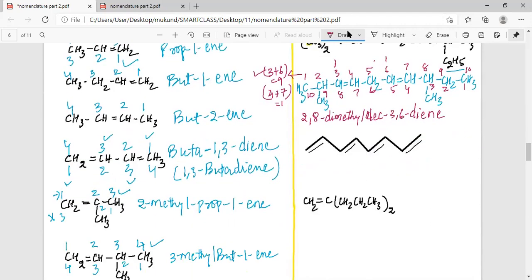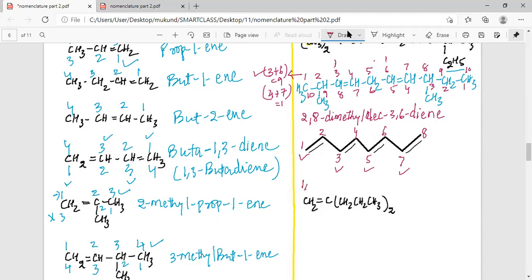In the same way, my dear students, if you look into this particular compound, we have 1, 2, 3, 4, 5, 6, 7 and 8 carbons. So it's octane. But as there are 4 double bonds, it's octene. And what kind of octene? You can see that the first carbon, third carbon, fifth carbon and seventh carbon have double bonds.